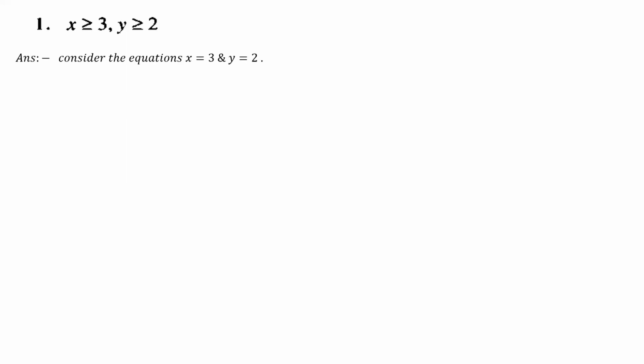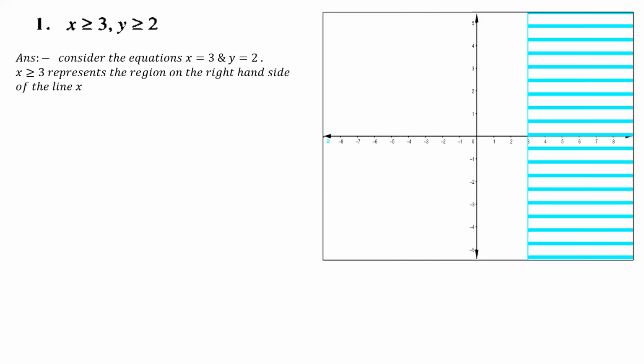And draw the line, take x-axis, y-axis, and draw these two lines, x equals 3 and y equals 2. Now, x greater than 3 will represent the right-hand side of the line x equals 3, definitely including the line, since the greater than equal sign is there.